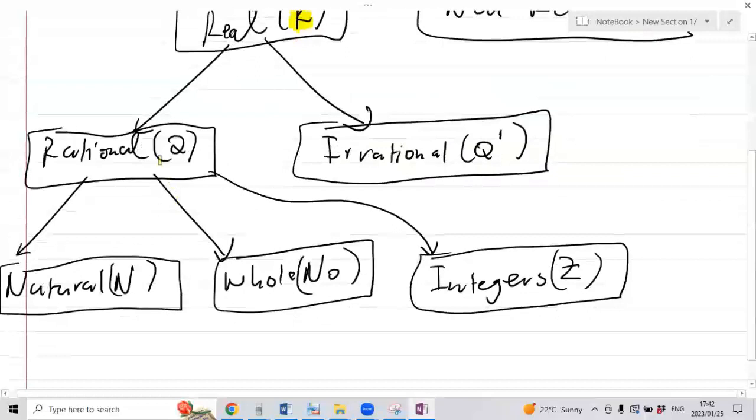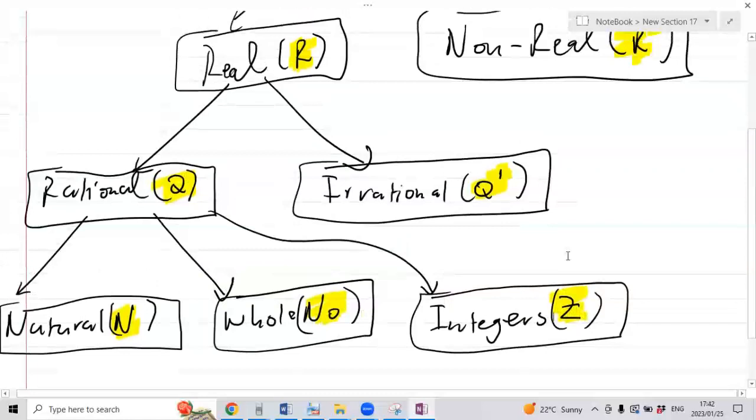Rational, the symbol is a Q, and for irrational, the symbol is not Q. Natural numbers, remember, symbol is N, for whole numbers it's N subscript 0, for integers it's Z. So this diagram is kind of neat because all natural, whole, and integers are rational numbers, and all rational numbers are real. So we can classify a specific number into more than one category.